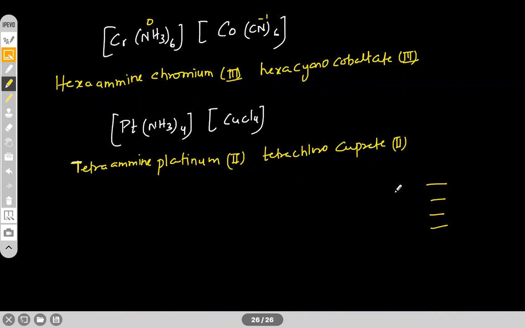Okay, now the next thing is, sometimes we have bridging group ligands. Okay, bridge ligands are present. I'll show you how it is. For example, you see this one. We are looking at just one example because these things are not at all important.